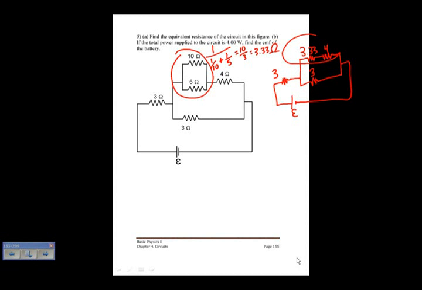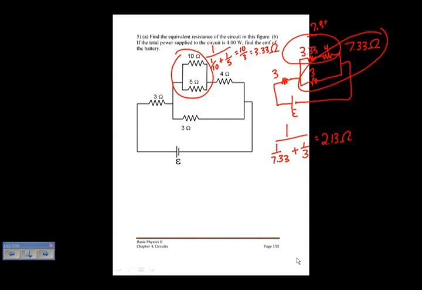Now I want to combine these two. That's going to be 7.33 ohms. Alright, and then I'm going to combine these two, which is going to be 1 over 7.33 plus 1 over 3, which is going to give me a resistance of 2.13.